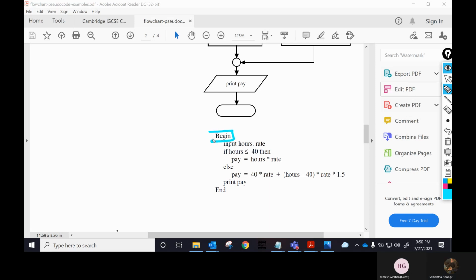Begin. Input hours, rate. Input hours, comma rate. Here, if hours less than or equal to 40, then, as you said, they use "then". If you use "if", you can use it.